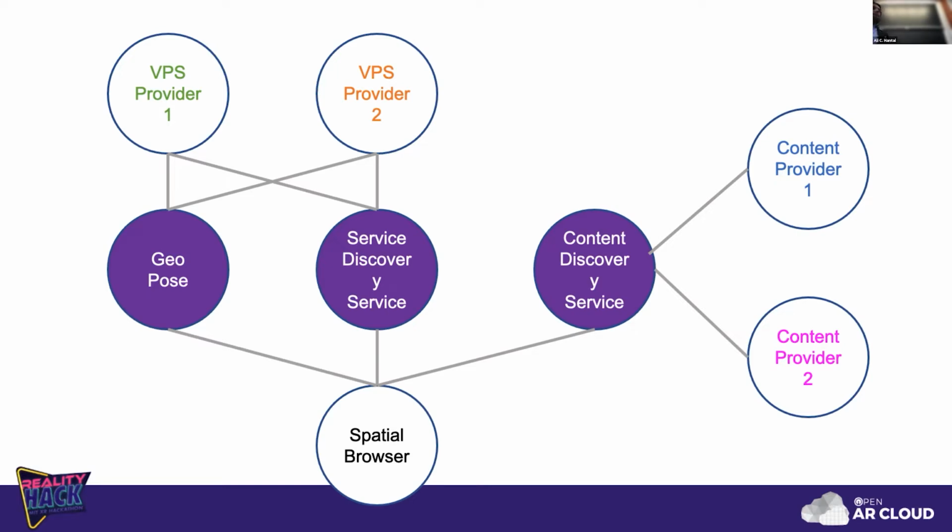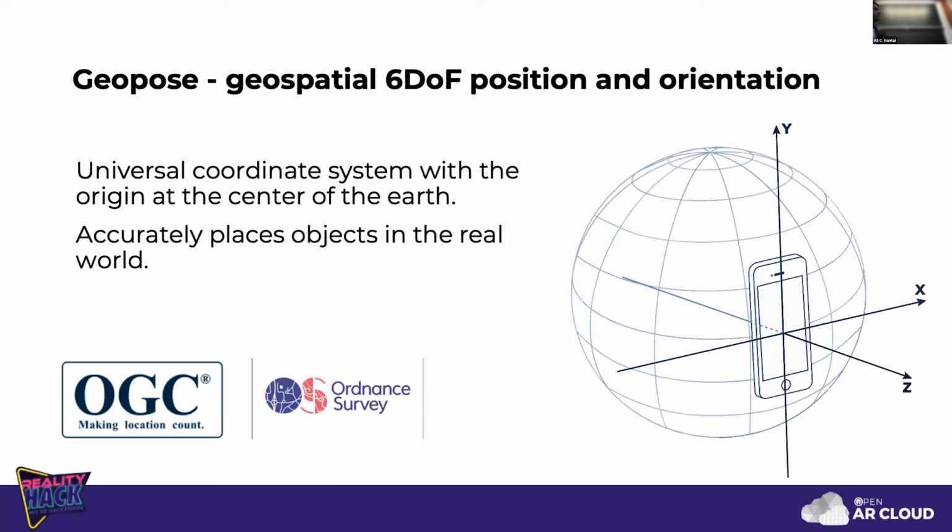So, which brings us to Geo Pose. So Geo Pose is basically a coordinate system, just like you have in Maya or Unity or any other 3D software, but the origin is at the center of the Earth.